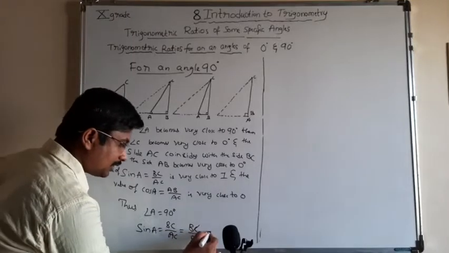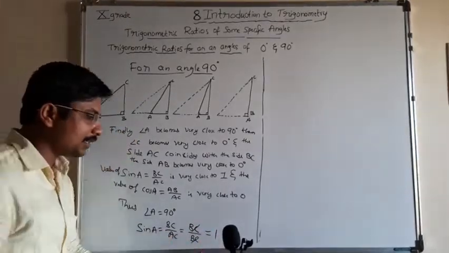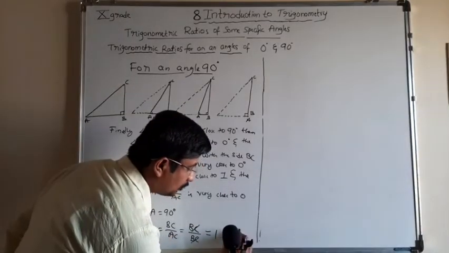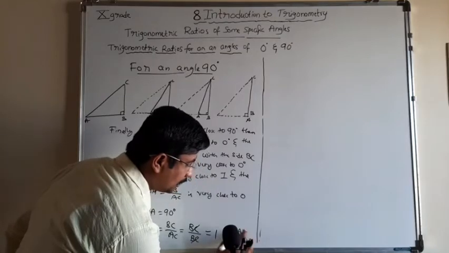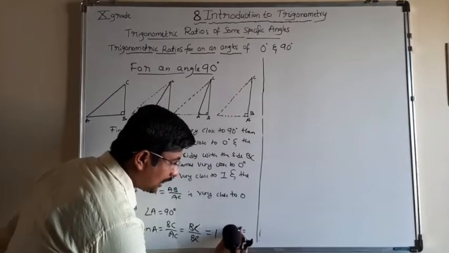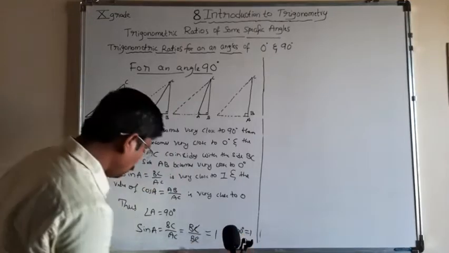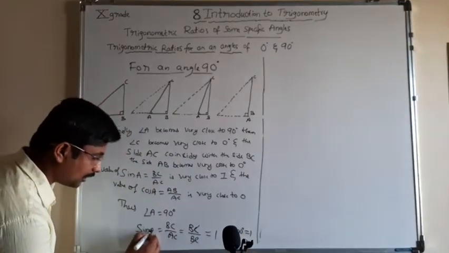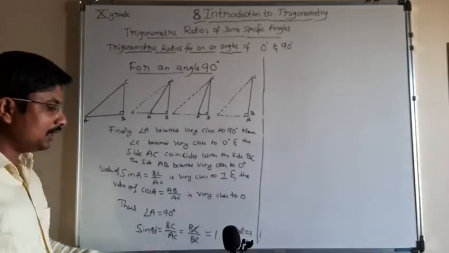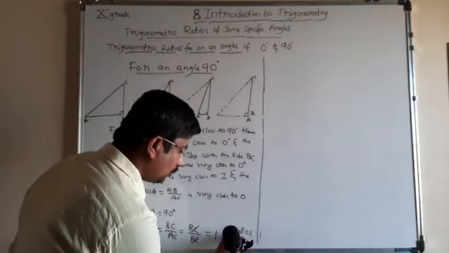BC divided by BC is equal to 1, therefore sin A is equal to 1. Since we considered angle A as 90 degree, sin 90 degree is equal to 1.